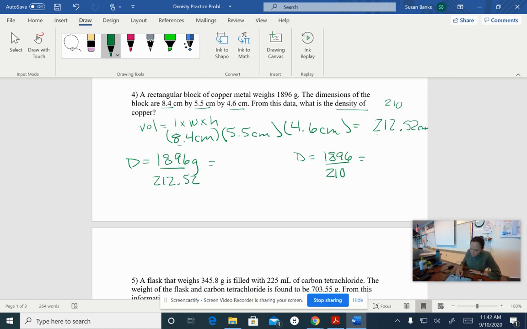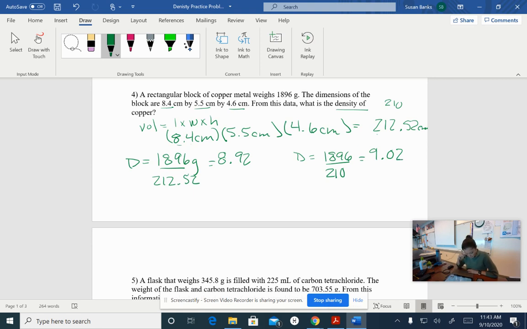And that will give me 8.92. Let's see if I round it. This will give me 9.208.